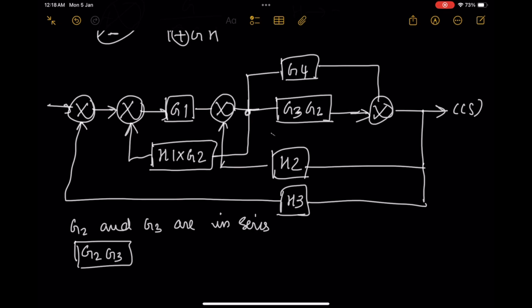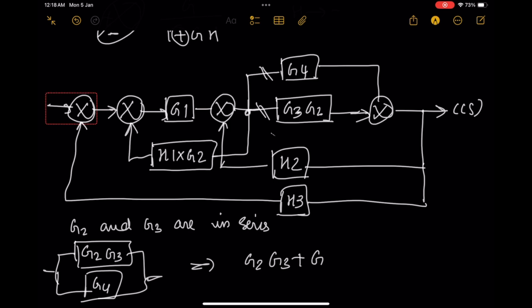Now we have G4 parallel to G2, G3. So if we have two blocks in parallel, we add them together. So I'm going to add G4 with G2, G3 because they are in parallel. G2, G3 plus G4 will be the resultant.